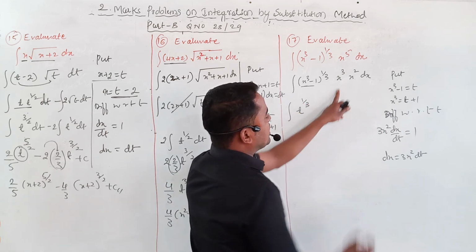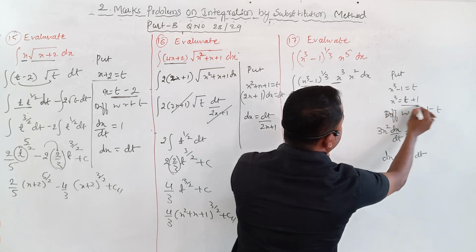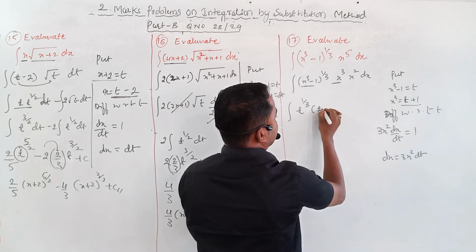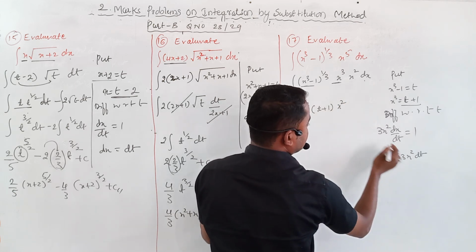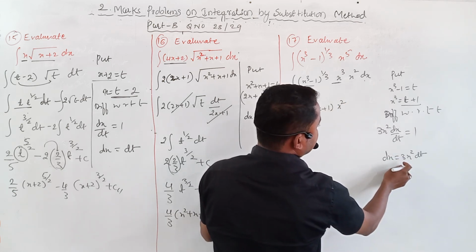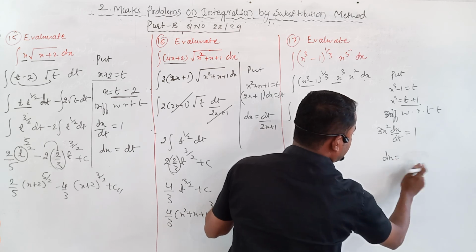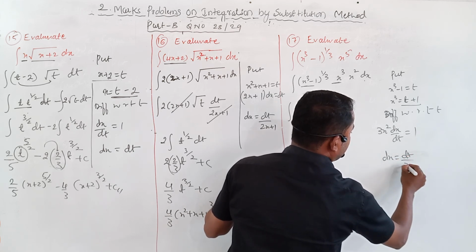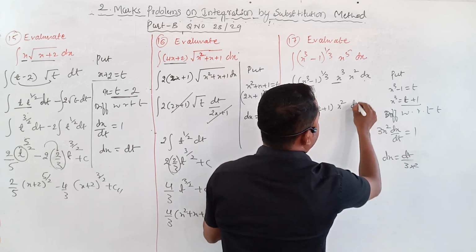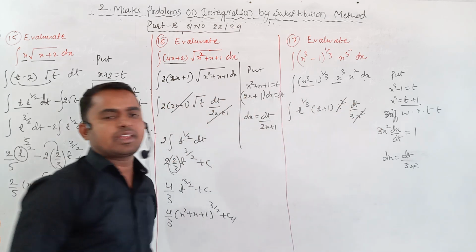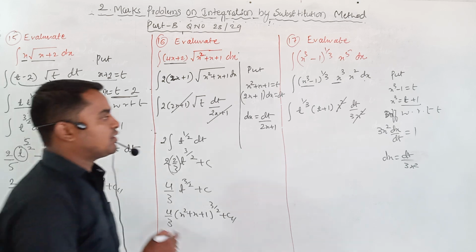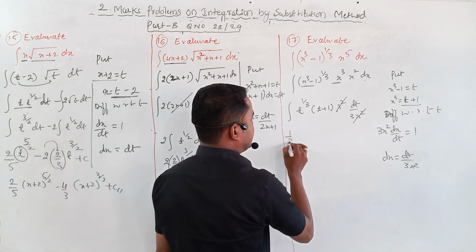This x cube is nothing but t plus 1, and this x square stays as it is. Dx means dt by 3x square, so x square cancels. Take 3 outside, giving 1 by 3.